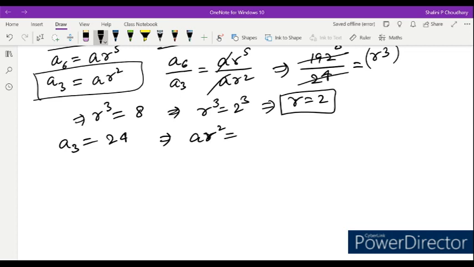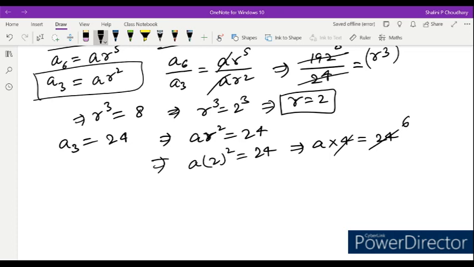So a into 2 square is equal to 24, so a into 4 is equal to 24, it means the value of a is 6.